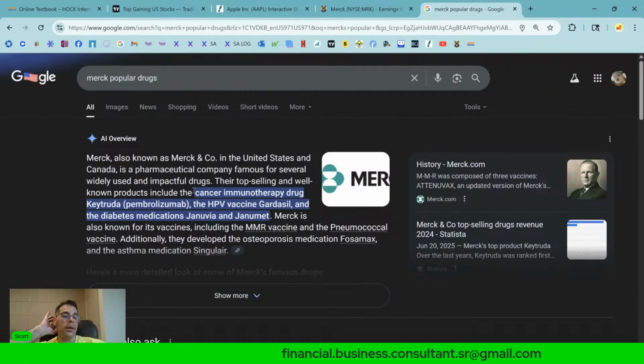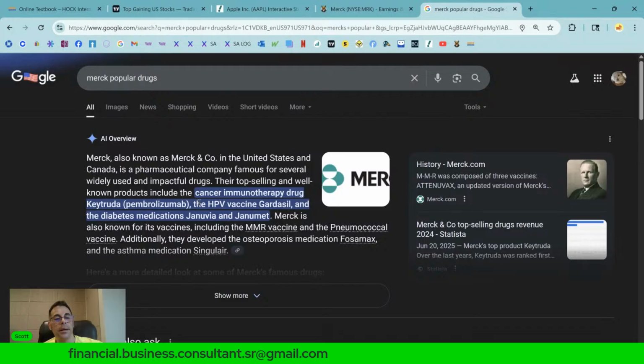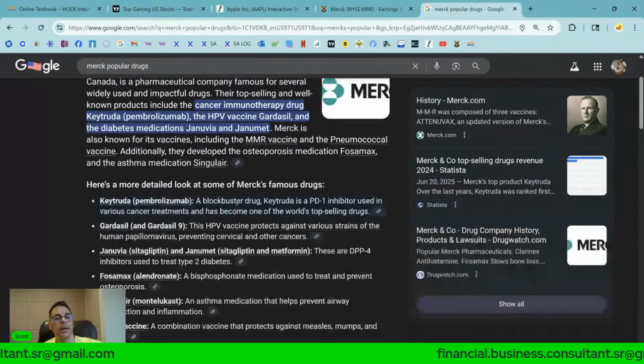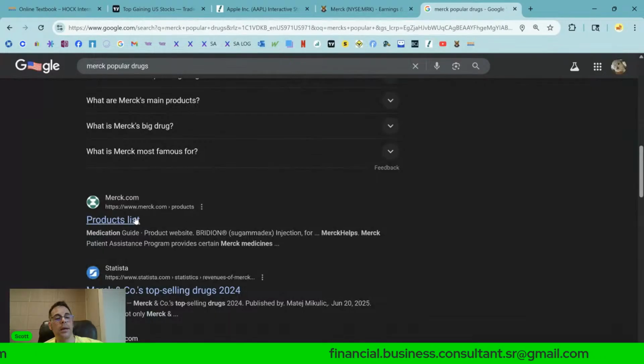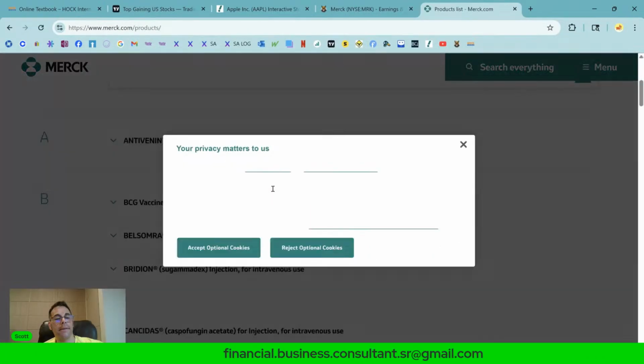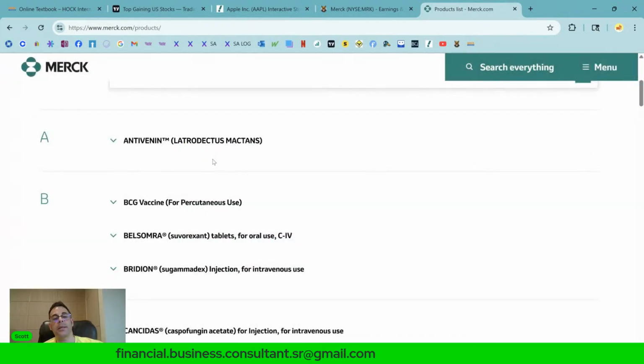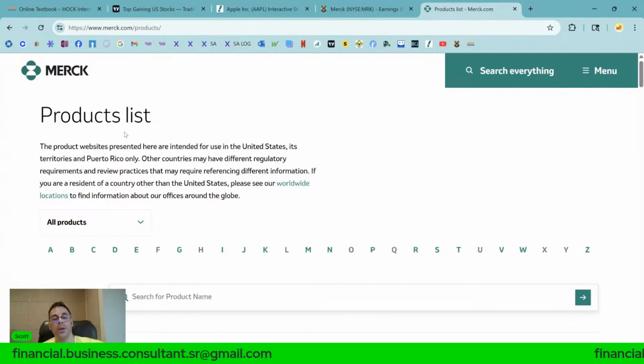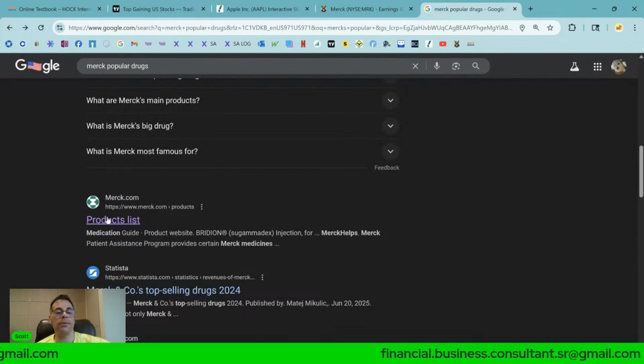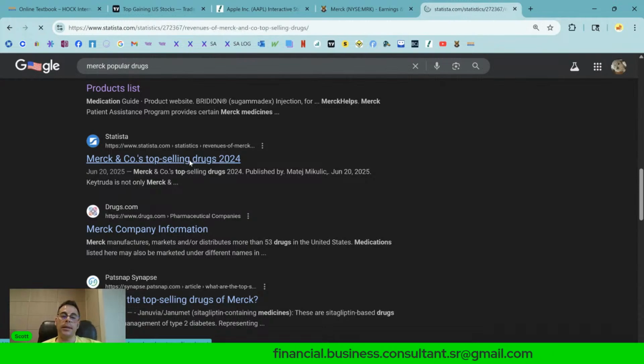Yeah, Keytruda for cancer, Januvia. So one thing to do is just look at Keytruda and the other drugs, see when they expire, and if it's not for another 5-6 years, that's good.